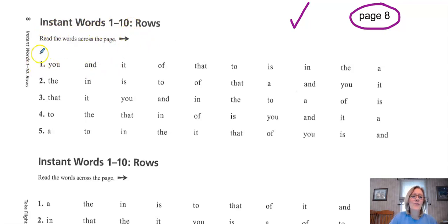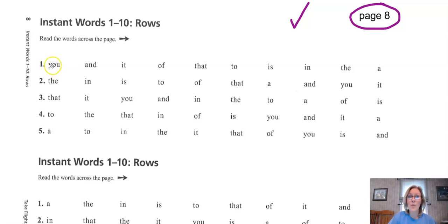I'm going to go through line 1 with you, but as you read them this week, you'll do line 1 and line 2 and line 3 and maybe even try to do them faster and faster as you go through the week. So let's look. Point to number 1. I hope you've already made it to page 8. If you haven't, pause for a second and get there and then start the video again.